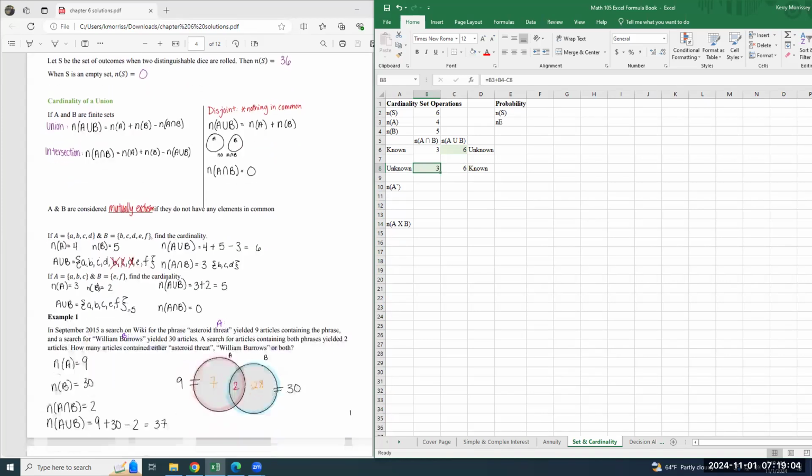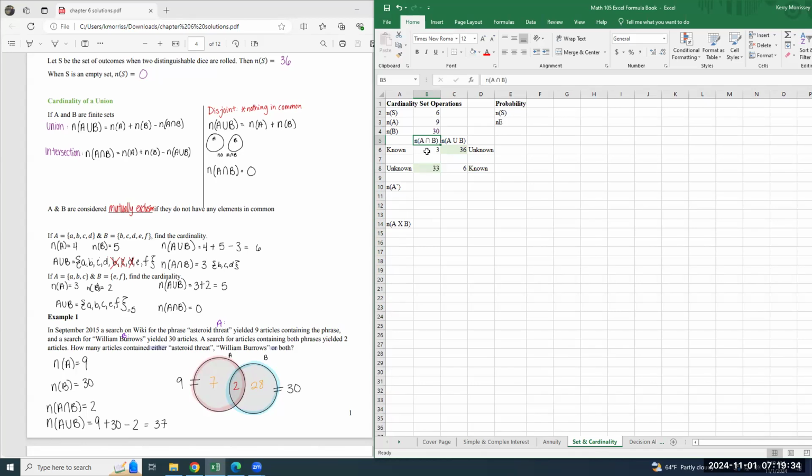So let's do that again with the problem in example 1. In September 2015, a search on Wiki for the phrase asteroid threat yields 9 articles. So let's change this to 9. Notice that by doing so, it changes here as well. Articles containing the phrase William Burroughs number 30. Then it says a search for articles containing both phrases yields 2.